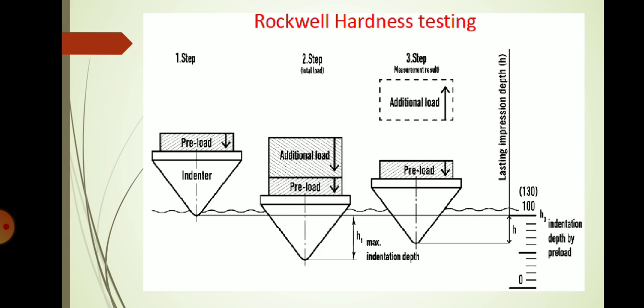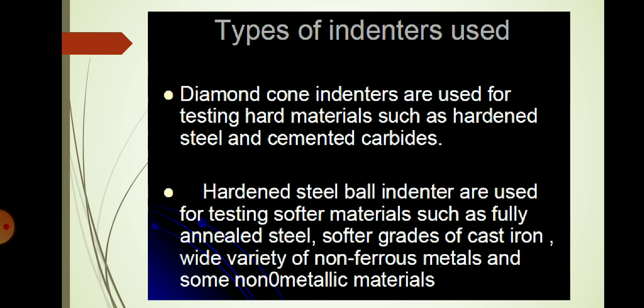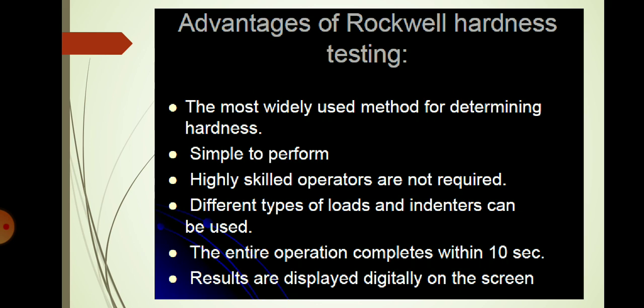That depth gives you the hardness of the specimen. That is the test procedure for hardness testing. Through the dial indicator you directly get the hardness values, and it is not necessary to do any calculation. It is a very easy and simple test.